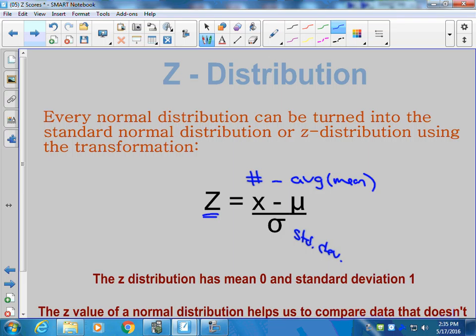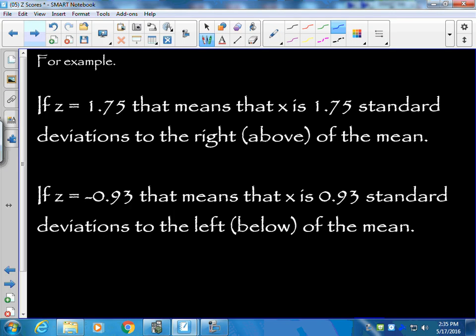It picks up the entire distribution and sets it down at a center of 0, and by dividing by whatever the standard deviation was, it now makes the standard deviation a value of 1. Okay, so this is a normalizing process to make anything fit a given distribution.